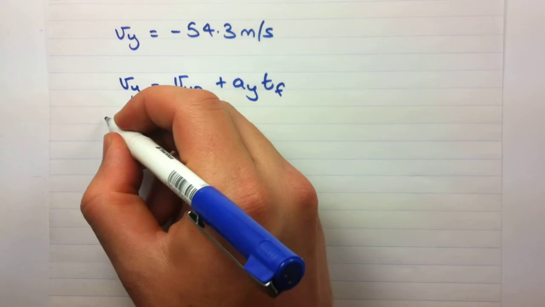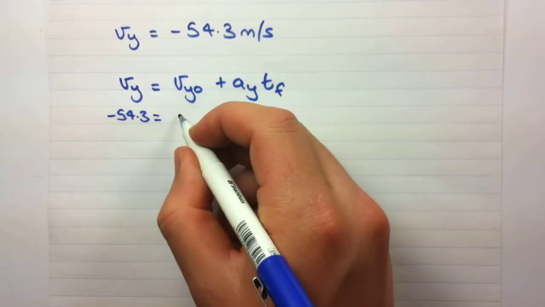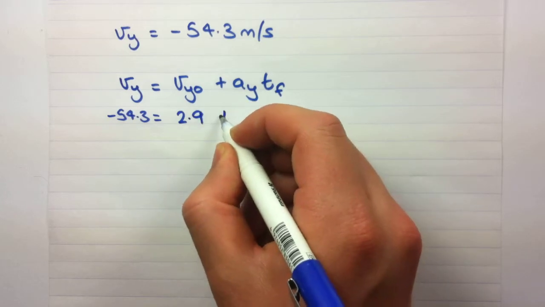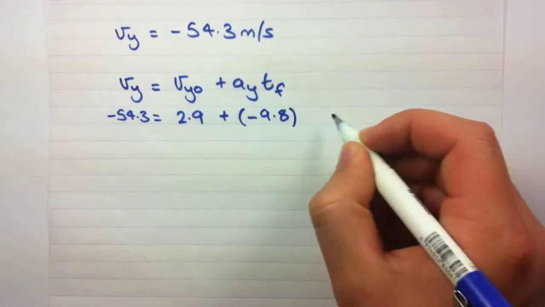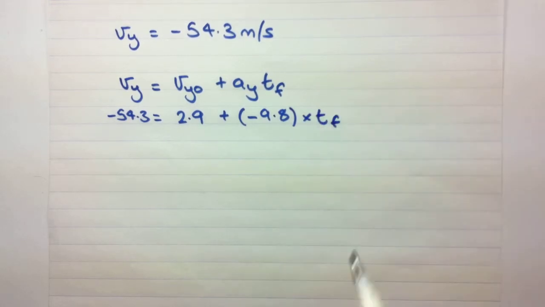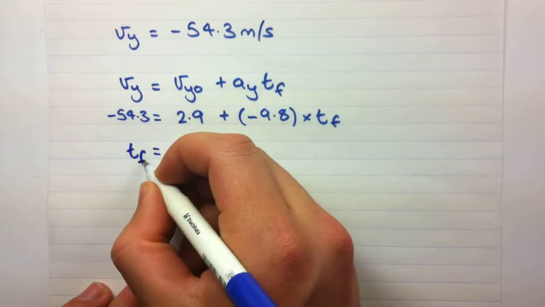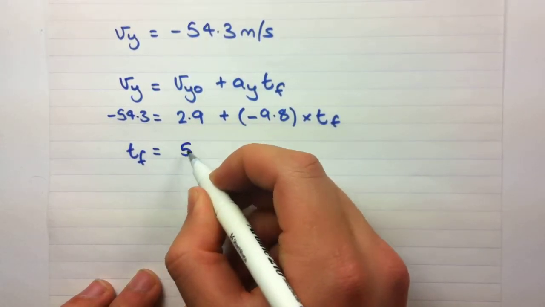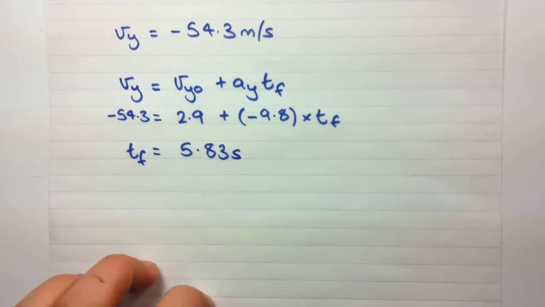Well, let's just sub in our values. Chuck that all into your calculator, and you'll find that the time of flight, how long it takes to hit the water, is 5.83 seconds.